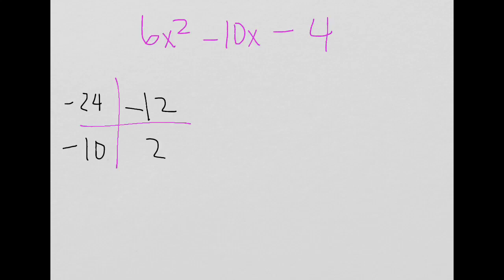Now I've got to simplify my parentheses. So 6 is in front on both of them, and I'm just going to put the x there because it's just a habit. So I got 6x and 6x because there's a 6 in front there.